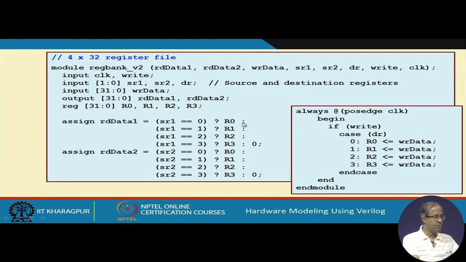Otherwise, if SR1 equal to 1, if this is true, then R1 assigned. Otherwise, if it is true, then R2, otherwise if it is 3, then R3. If nothing matches, here you have given 0, or you can give undefined also if you want. Similarly, read data 2 is identical with SR2, and the third block is identical again with a clock for writing.